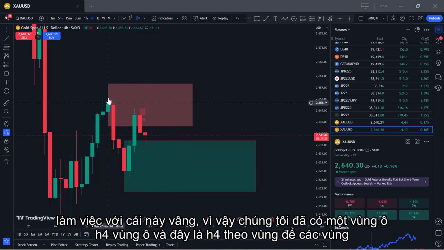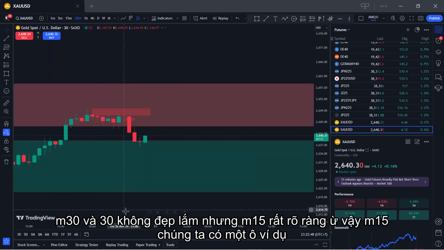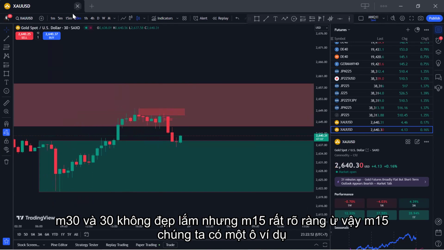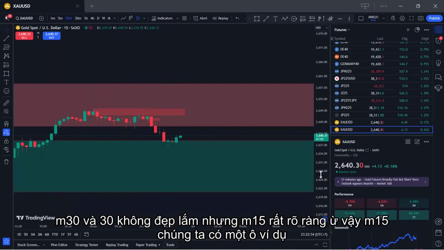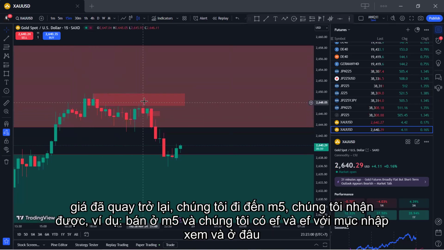So we had a sell zone, H4 sell zone, and this is H4 buy zone. So the zones are very close to each other, so be very careful. But inside the sell zone, we go to the M30. M30 was not nice, but M15 was very clear. So on M15, we got an EG sell. Price went back in it.